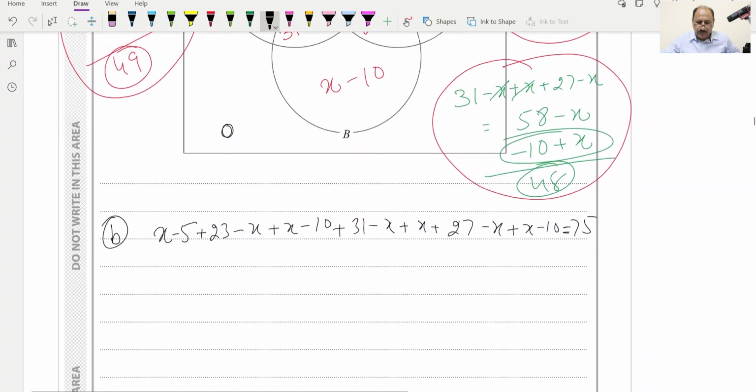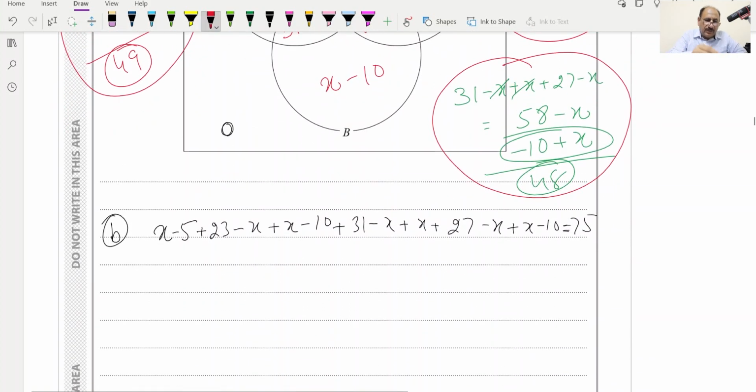This is basically the equation, and we will be cancelling minus x with plus x, and minus x with plus x, and there is one more minus x and plus x, so only one x is remaining, which is this one.